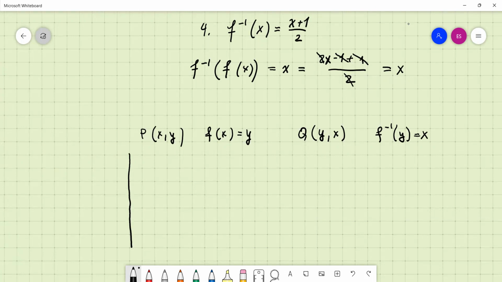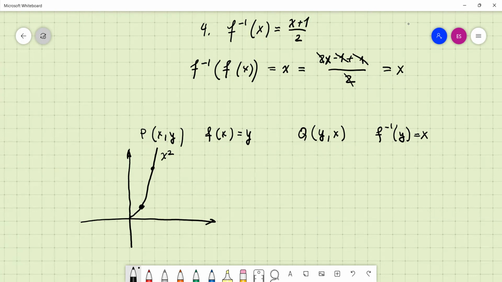Now, imagine that I have some curve for a direct function. This is my x squared. You see, these points are my direct function f, right?